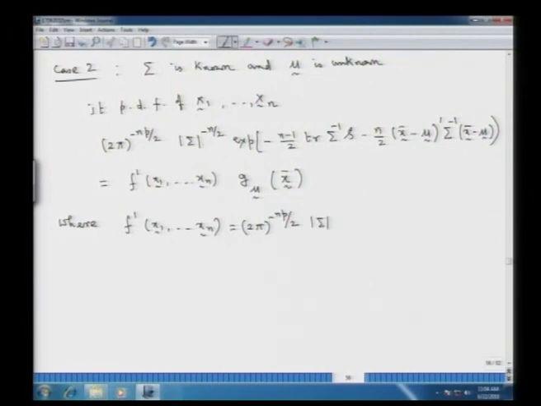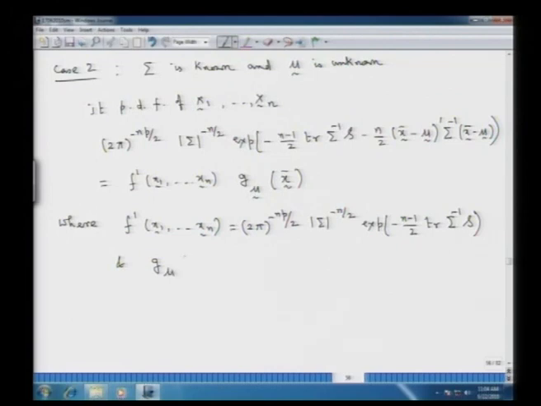So, this also is a function which is known. If we look at the exponent, the first term is n minus 1 by 2 trace of sigma inverse s. Now, sigma is known to us and so will be sigma inverse, and S is a matrix which is based on x1, x2, xn only. So, this also would be absorbed in the first function. So, this is e to the power minus n by 2 trace of sigma inverse S, right. So, this entire function here is known to us if x1, x2, xn is known to us.